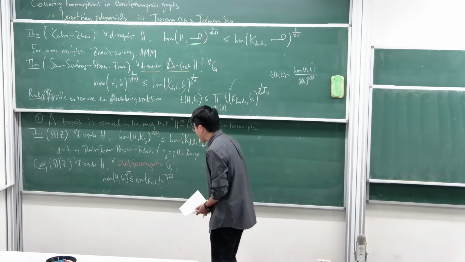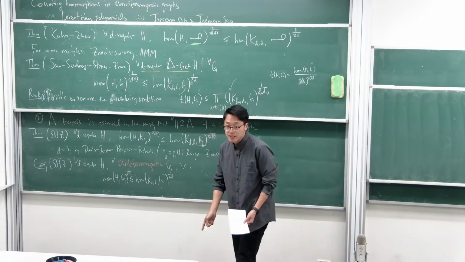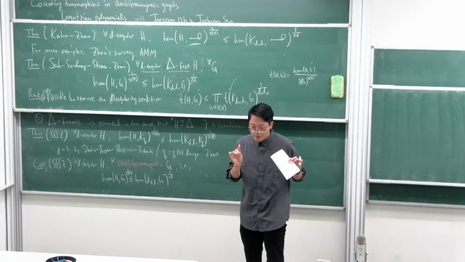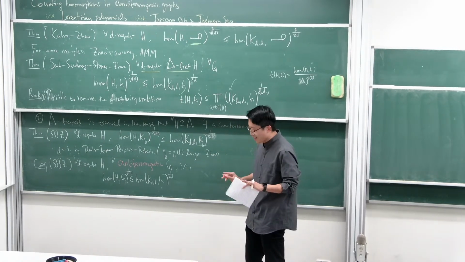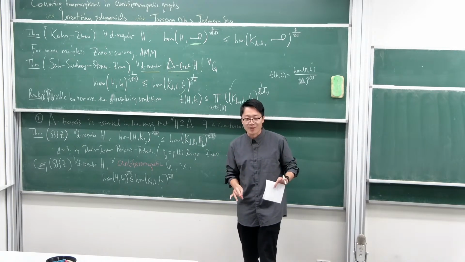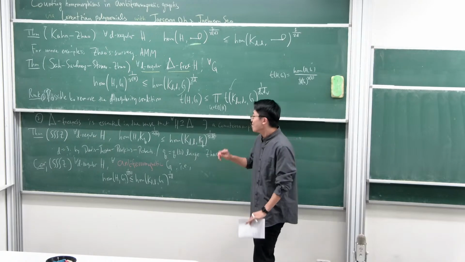Okay, so what's antiferromagnetic? As a symmetric matrix, it has eigenvalues, and by antiferromagnetic, this is not defined by me, but defined by statistical physicists. I don't know anything about ferromagnetism or whatever physics.